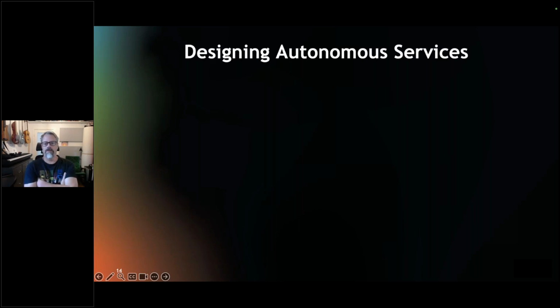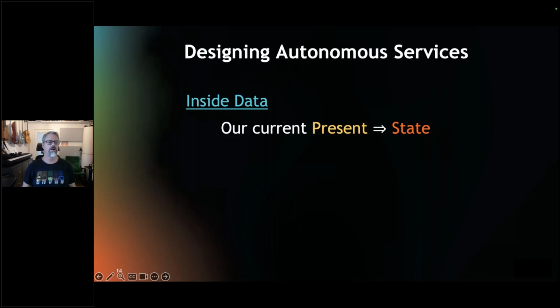Pat Helland, the famous computer scientist, has been talking about this a lot, and he has a paper where he defines a very nice conceptual model for how to think about consistency in distributed systems. We have inside data, which he calls our current local present.